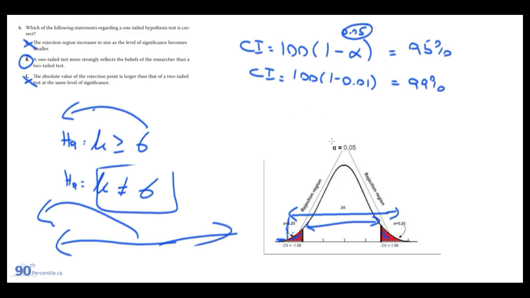For the same level of significance, so let's say significance is 5%, for a one-tailed test, this entire red shaded area would just be shifted to one side and would be ignored on this side, which means this would come out further to the right on a left-sided test, and this critical value would actually be less than the value for the two-sided test. So it might be like negative 1.5 or something like that. So that's incorrect. The answer is B.